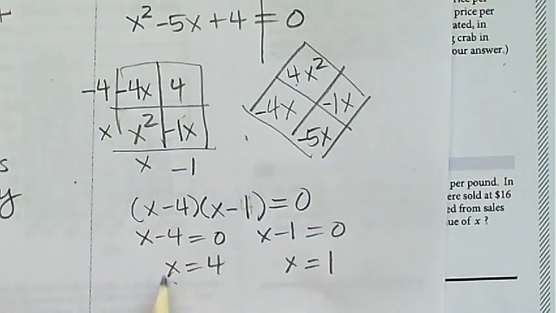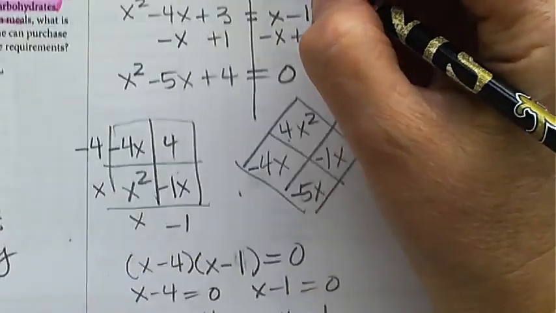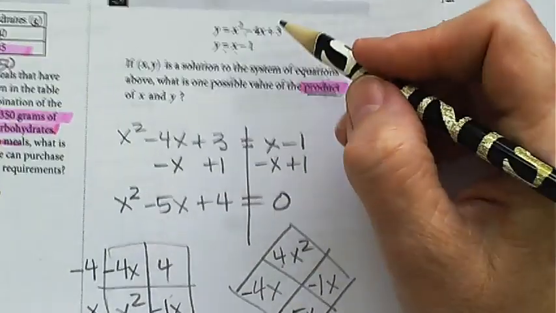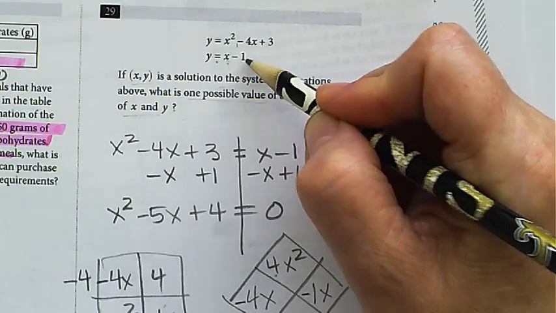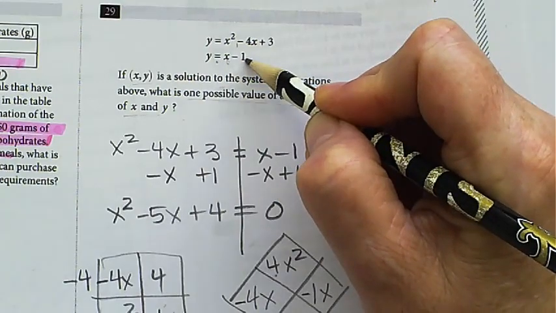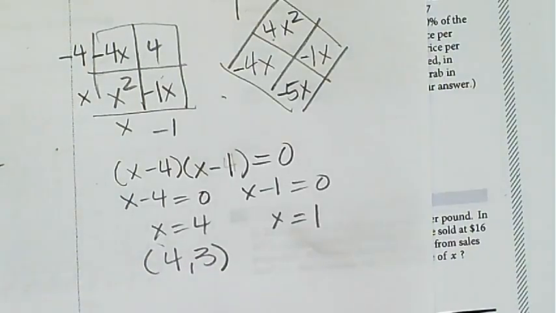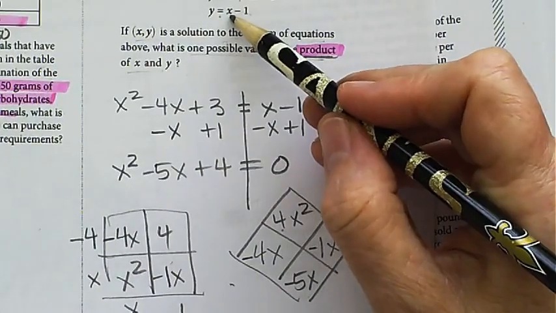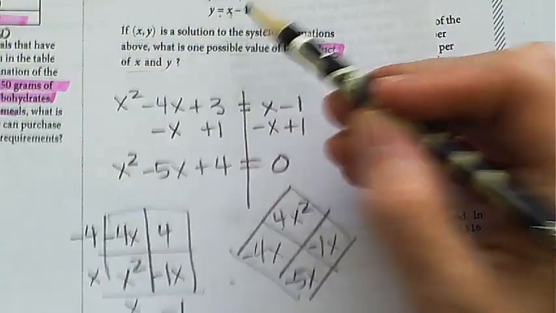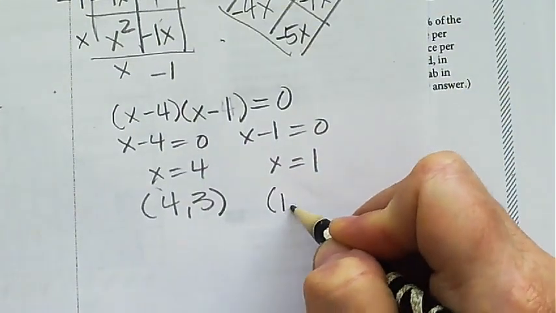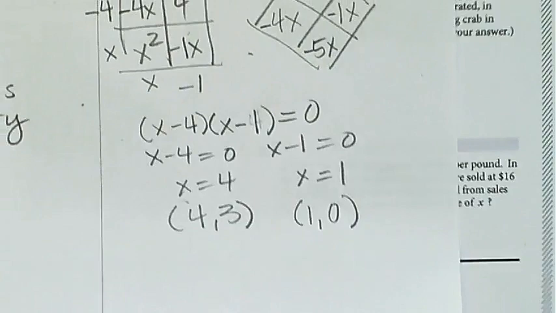If x equals 4, I'm going to plug in 4 right here. 4 minus 1 is 3. So when x equals 4, the y coordinate is 3. When x equals 1, 1 minus 1 is 0. So my other solution is 1, 0.